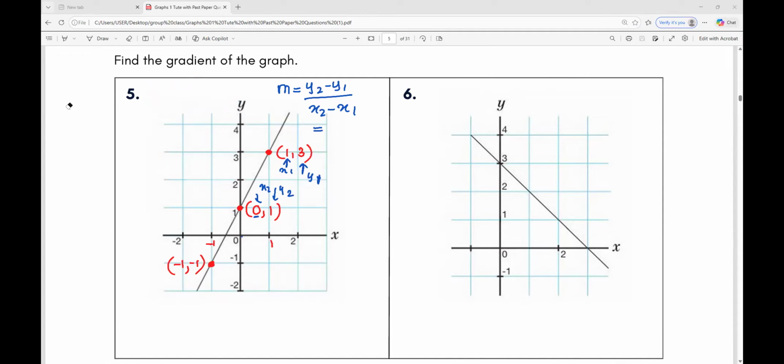Any order doesn't matter here. y2 is 1, y1 is 3. x2 is 0, x1 is 1. 1 minus 3 is minus 2. 0 minus 1 is minus 1. When we divide two negative numbers, the answer is positive. Gradient is plus 2.